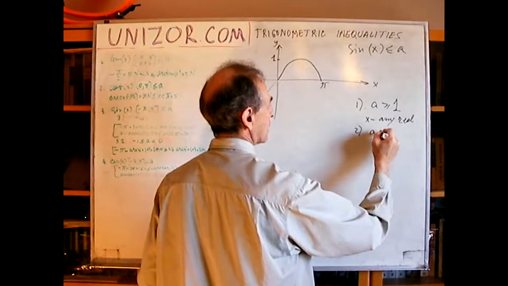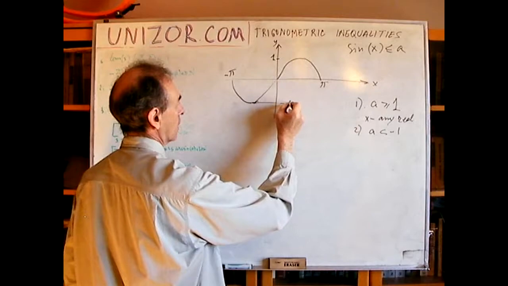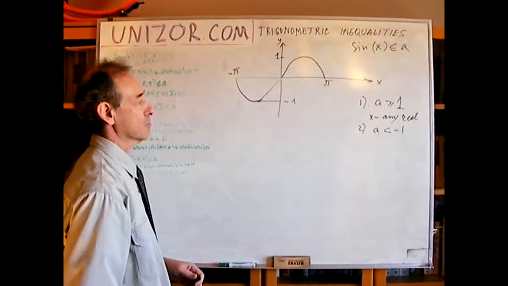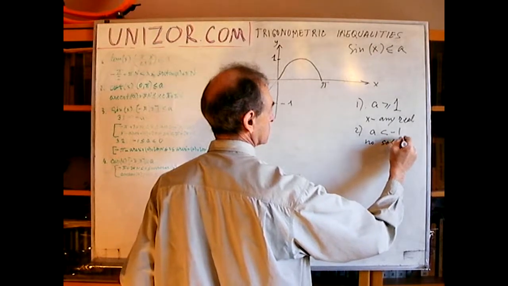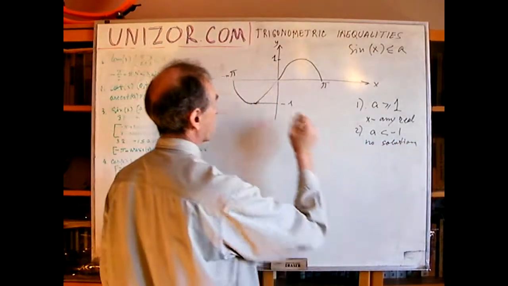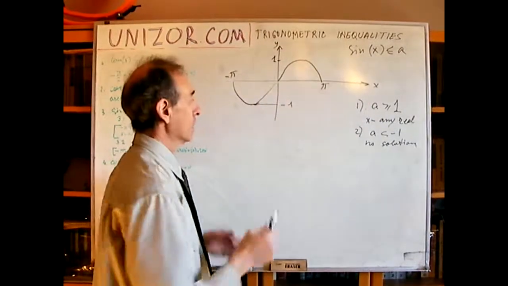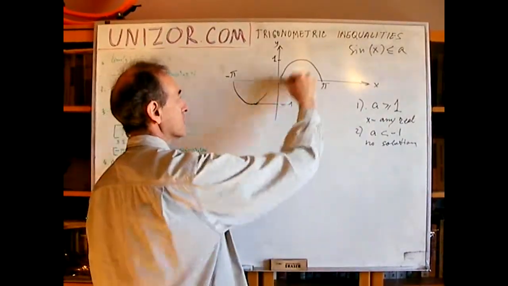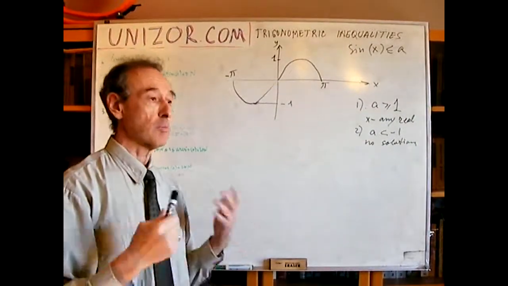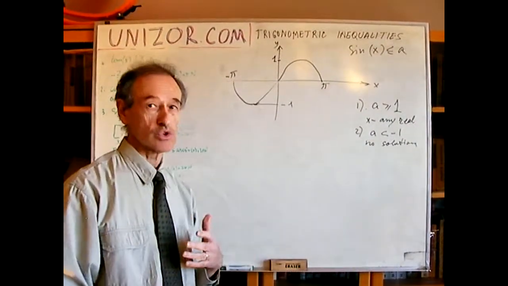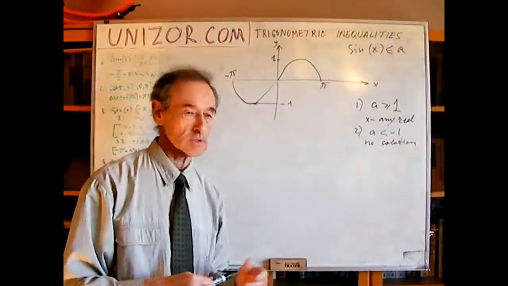If a is less than minus 1, if it's below this level, then no solutions, because any x would be greater, and we need less than or equal. And only if a is in between these two boundaries, from minus 1 to 1, we can talk about some meaningful solutions, non-trivial solutions. I mean, everything is meaningful, but non-trivial solutions.